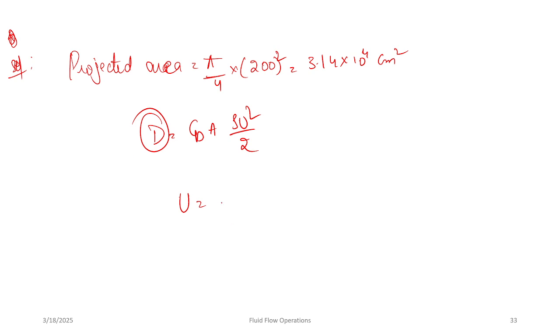So u will be equal to, if you substitute that, CD is given, projected area we just calculated, density is given, and D is equal to the weight of the man. If we just substitute everything, U will be equal to 31600 centimeter per second, which is also equal to 31.6 meter per second.